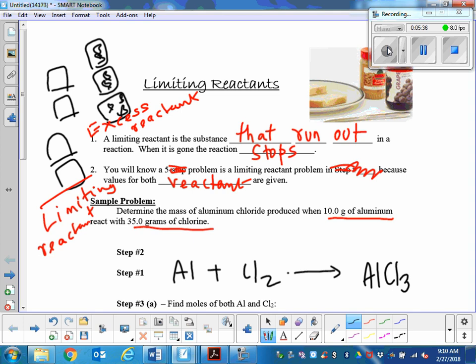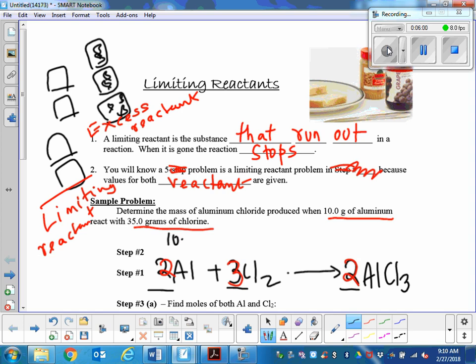Alright? Let's balance the equation. That's a 2, that's a 3, and that's a 2. Right? Or should I make it a different color? 2, 3, 2. Now, what are you given?